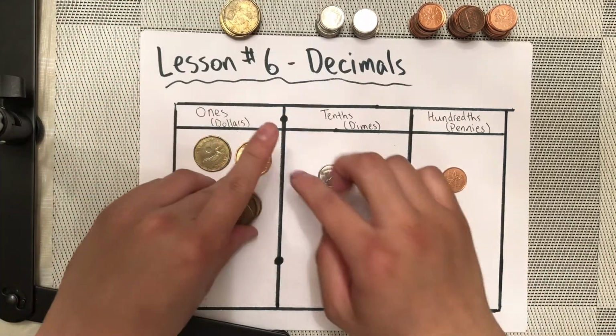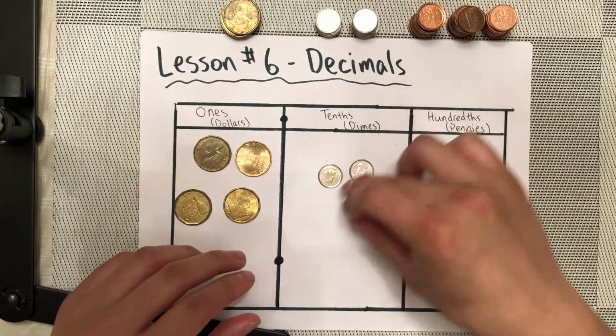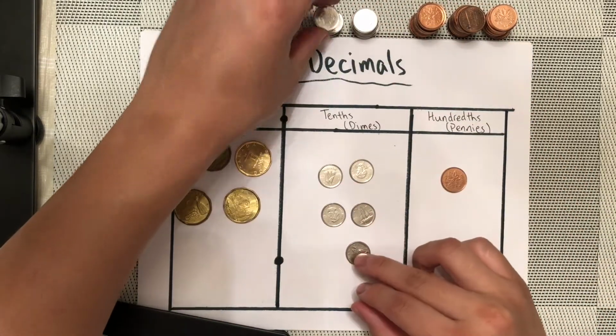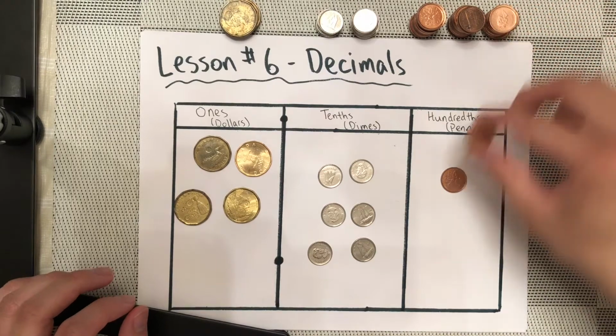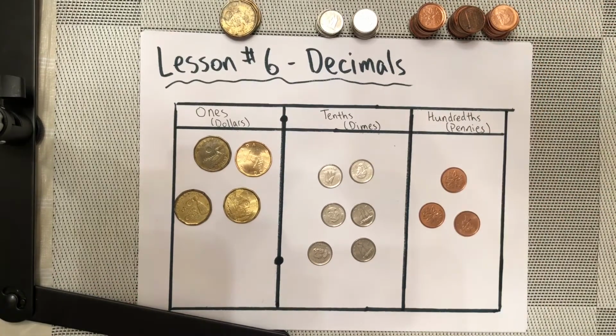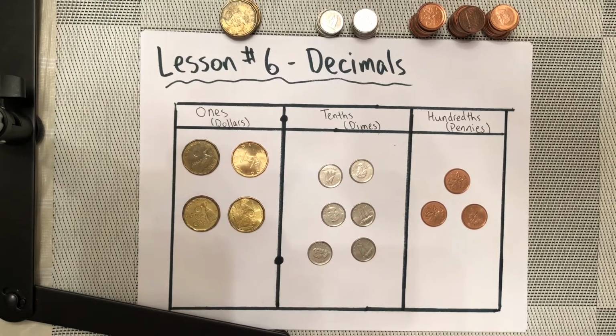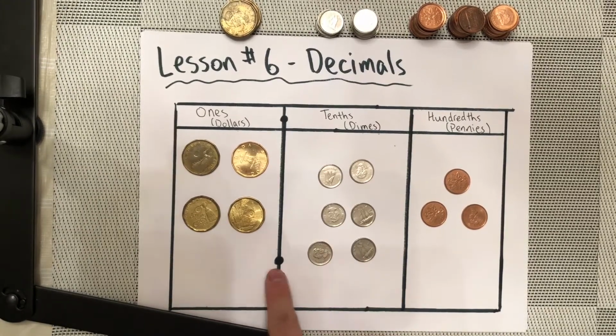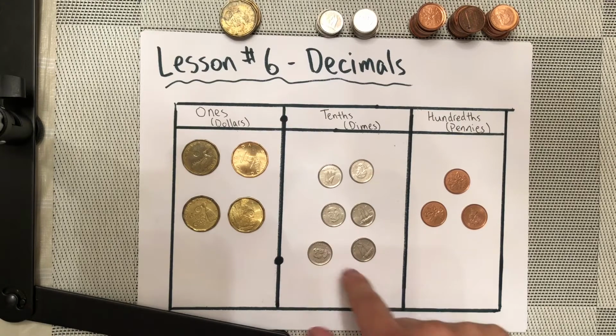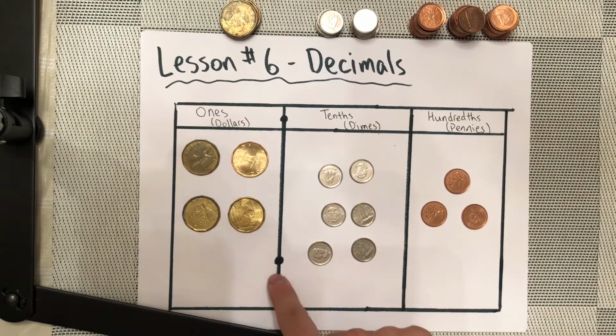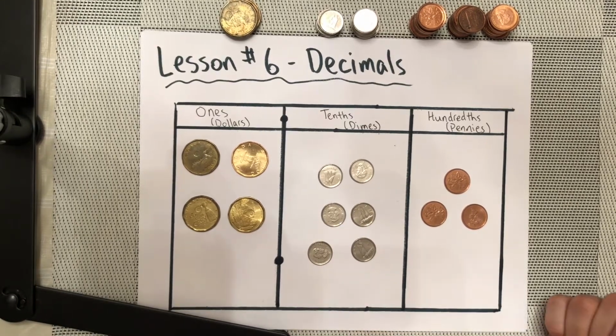Let's say I have 4 of those, 6 of those, and 3 in the hundredths section. What number would this show? This would show 4.63, and it would equal $4.63.